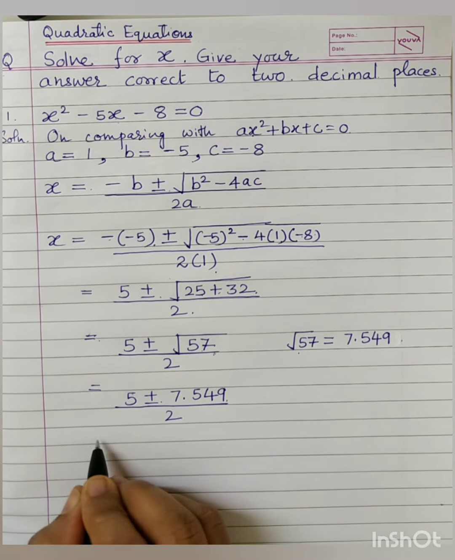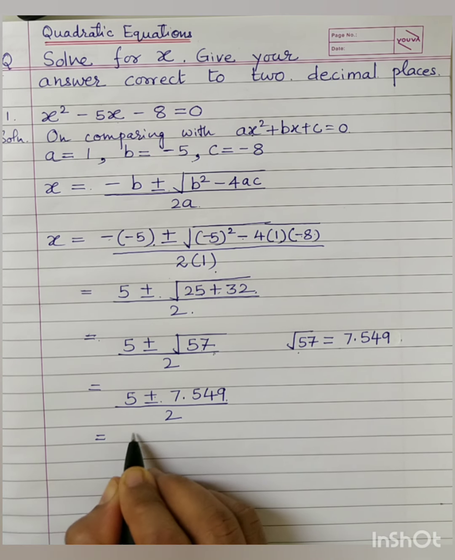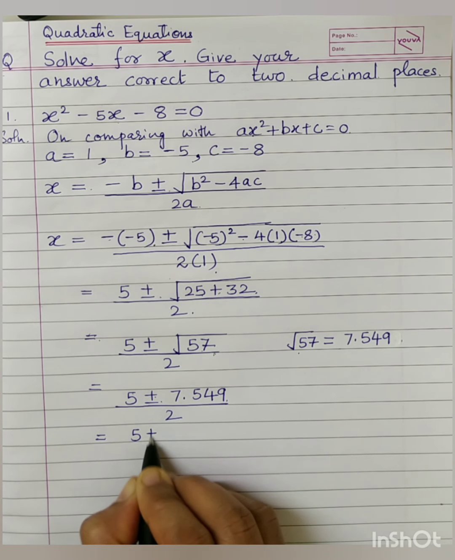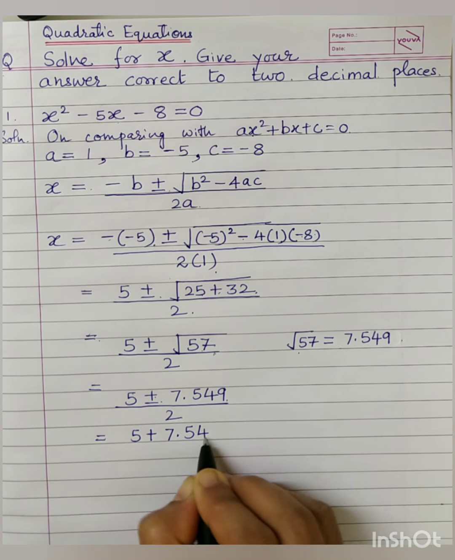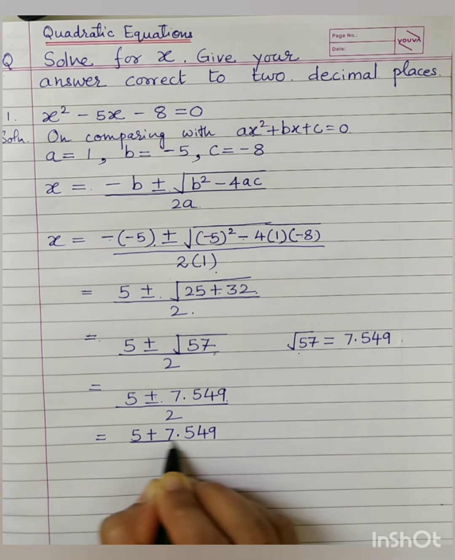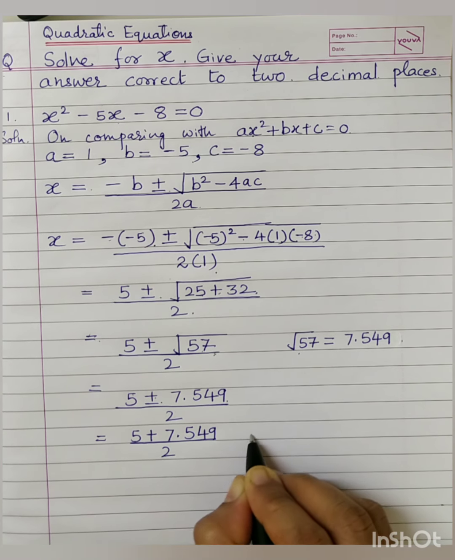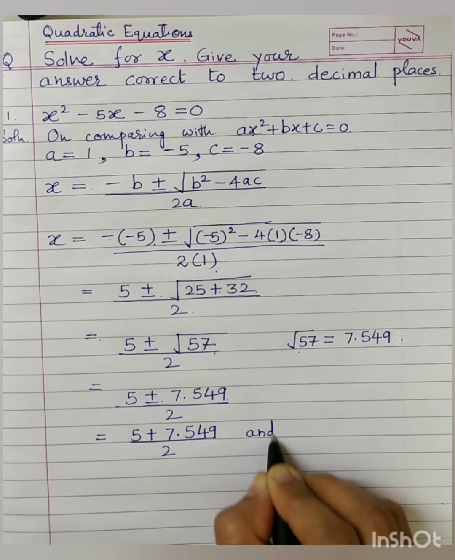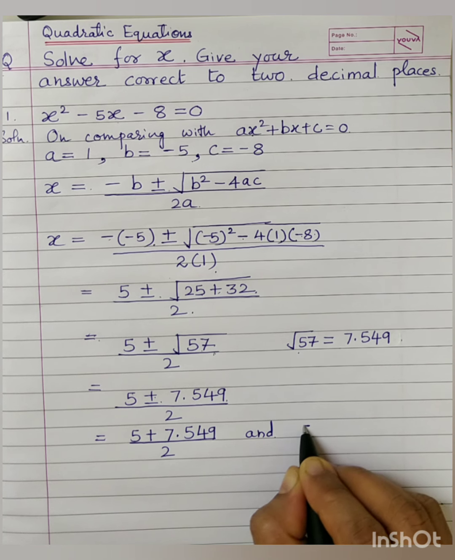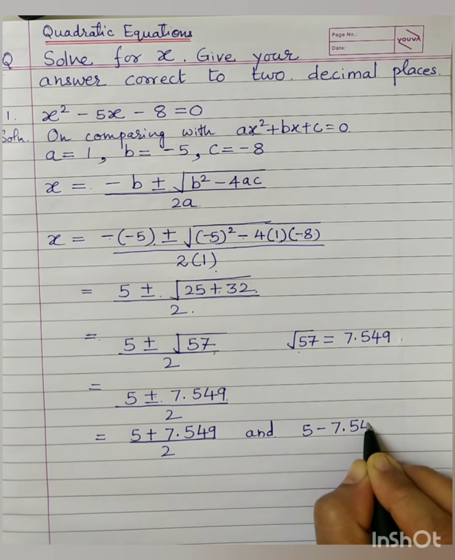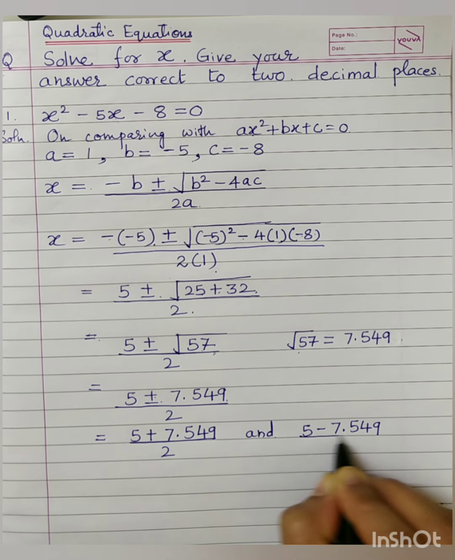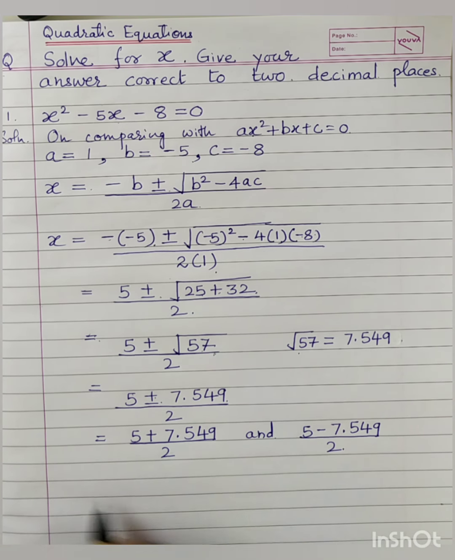Now once we use the plus sign, it will be 5 plus 7.549 upon 2, and anything, you can write 5 minus 7.549 whole divided by 2.